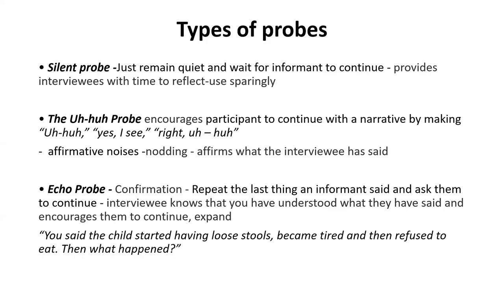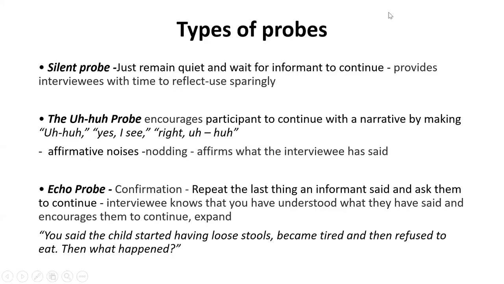The third kind of probe is the echo probe, where you confirm what the informant is saying. You repeat the last thing that the informant said, so that the informant knows this person is listening with interest and again narrates the same thing. Based on that, you can further ask a question.